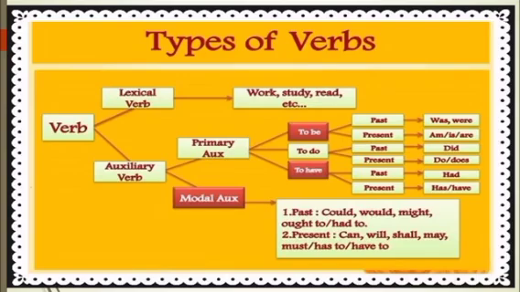Next, modal auxiliaries. In past form we have could, would, might, ought to, had to. In present form can, will, shall, may, must, has to, have to.